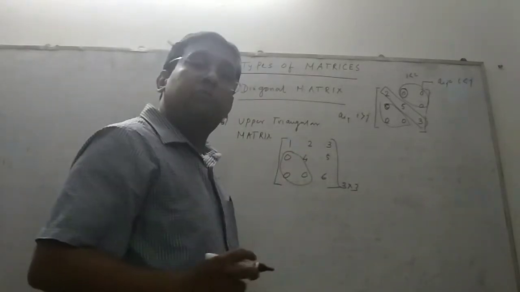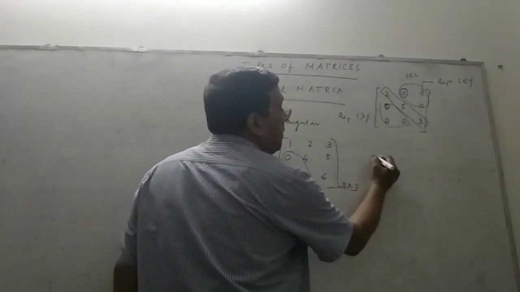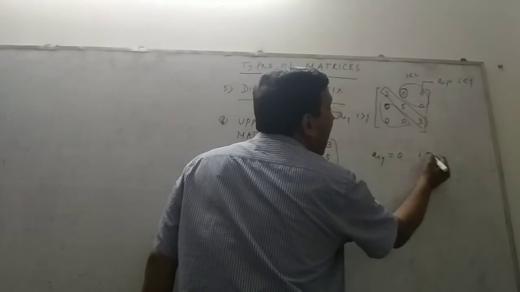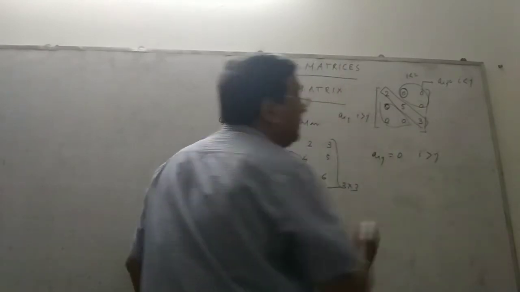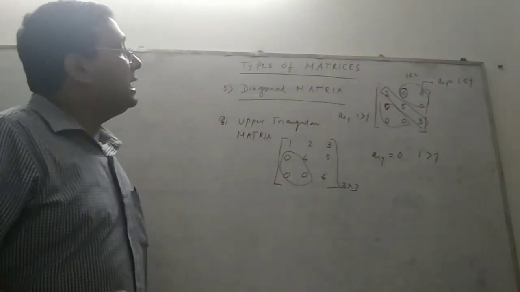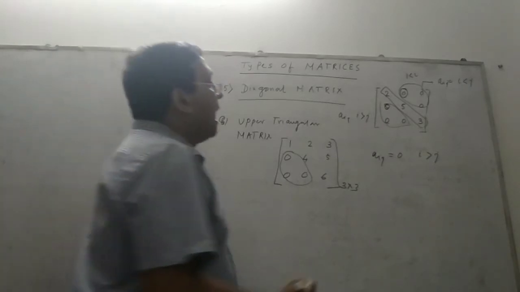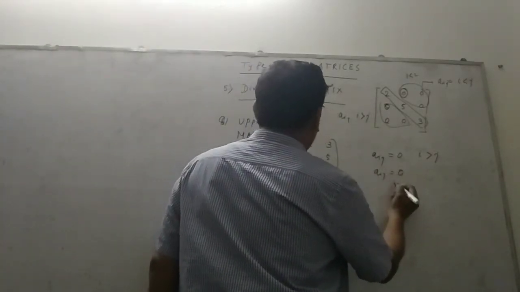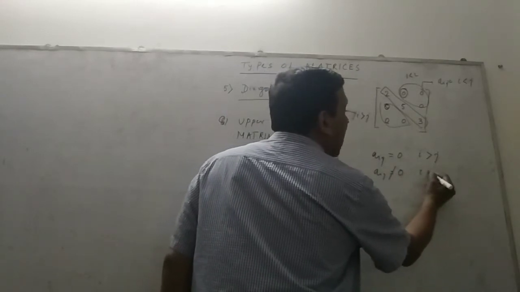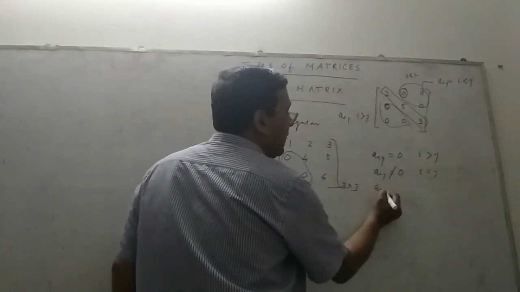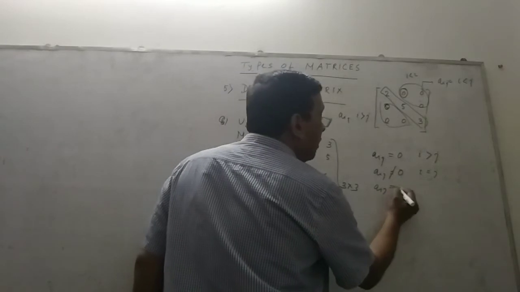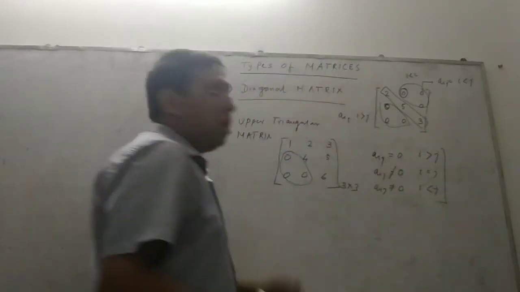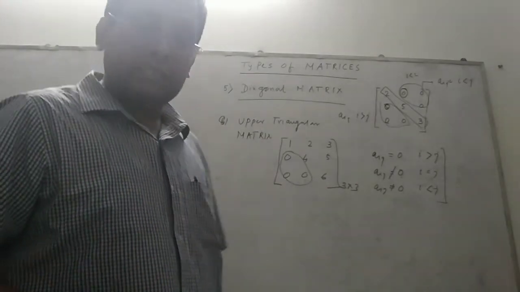These elements being 0 means a_ij is equal to 0 when i is more than j, and a_ij is not equal to 0 when i is equal to j or when i is less than j. This is the technical definition of the upper triangular matrix.